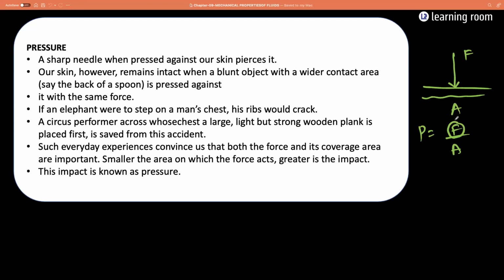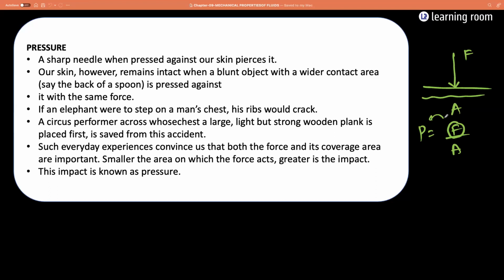But here the correction is that force is a vector quantity and area is a scalar quantity. When you divide a vector by a scalar, you get a vector quantity, but pressure is not a vector quantity. It is scalar. Why? Because the force that you define with respect to pressure is always the perpendicular force.